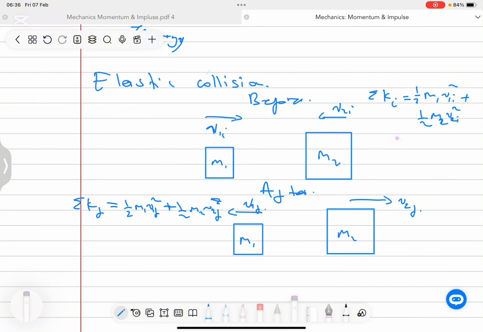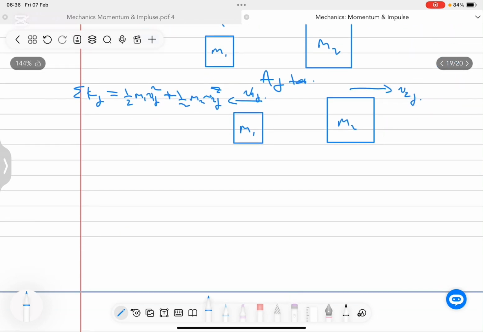If I get an energy of 100 joules here before collision, when I add the kinetic energies, I should also get 100 joules here after collision when I add my kinetic energies. So it is the same number, it is constant, it is conserved. So we're saying here that the total kinetic energy of the system before collision must be equal to the total kinetic energy after the collision of the system.